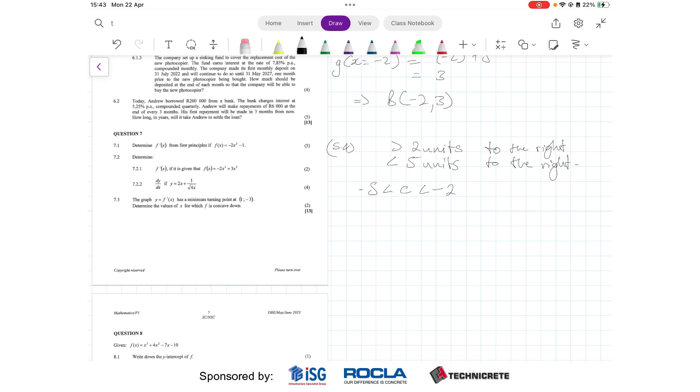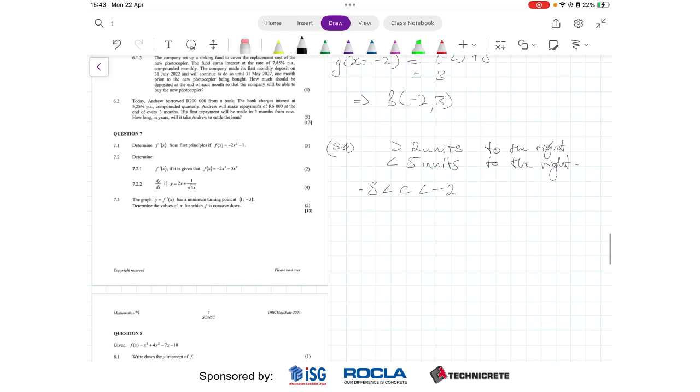Now, the question you must be asking yourself is, why is it that our c values are negative? Remember, in order for a graph to shift to the right, you need to subtract, and for a graph to shift to the left, you need to add.